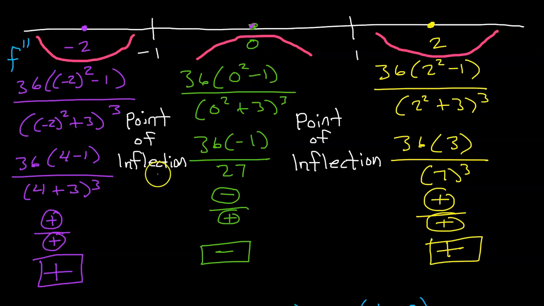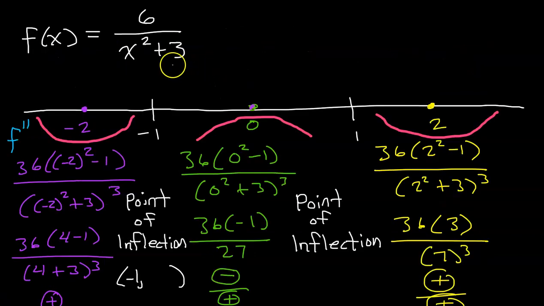Remember that a point of inflection is where the graph goes from concave up to concave down, or from concave down to concave up. So we can see that there will be a point of inflection at negative 1. So negative 1 comma something will be a point of inflection. Let's find the y value that goes with it.